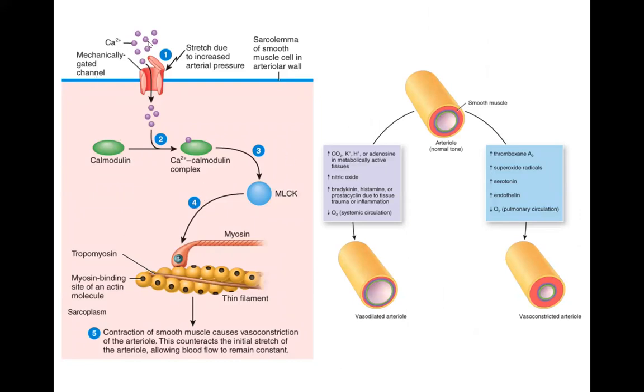An increased stretch due to an increase of arterial pressure triggers the opening of calcium channels that allow calcium in. If there's an increased stretch, we contract more forcefully, because this calcium that comes in binds to troponin, shifting tropomyosin and all that wonderful stuff with the thick and thin filaments that we've learned about before.